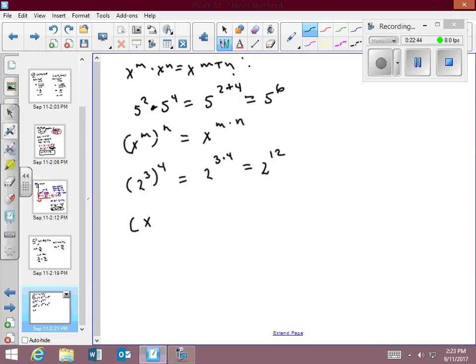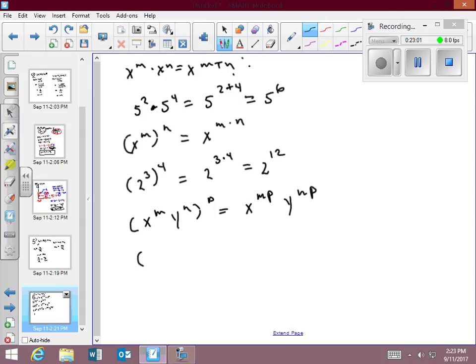Here's the next one. It says x to the m, y to the n, raised to the pth power is x to the mp, y to the np.